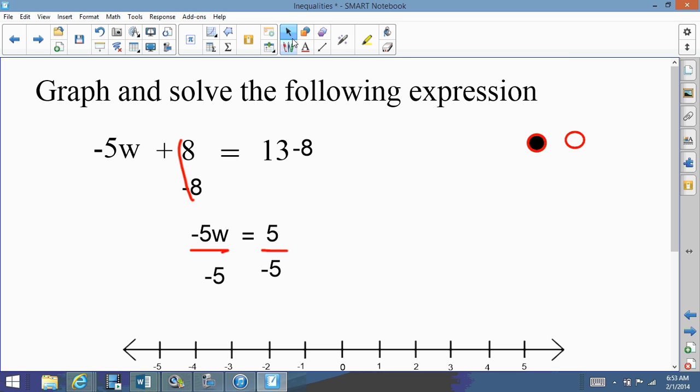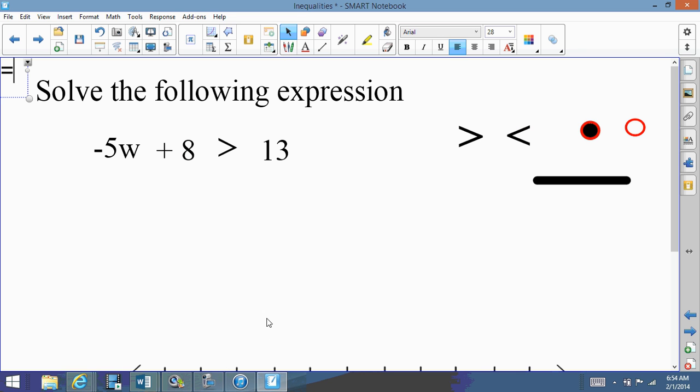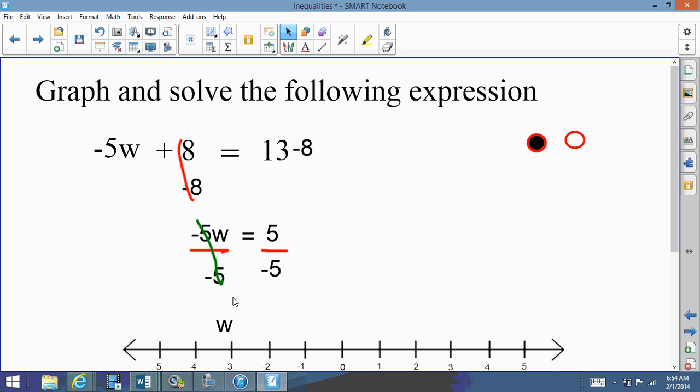Our negative 5's cancel out, leaving us with just the w on this side, and it's equal to negative 1. So w is equal to negative 1.